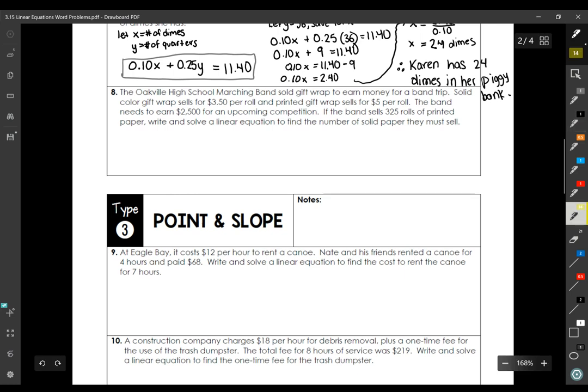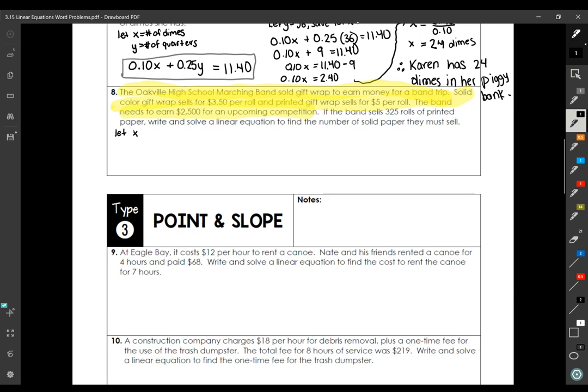Okay, so again, I'm just going to highlight the information that will help us create the equation. So there we go. That's what we need for the equation. So again, now we need to define x and y. We're comparing two things.